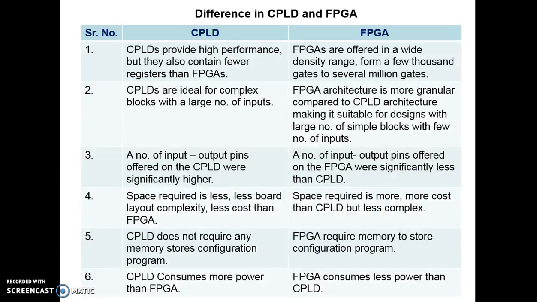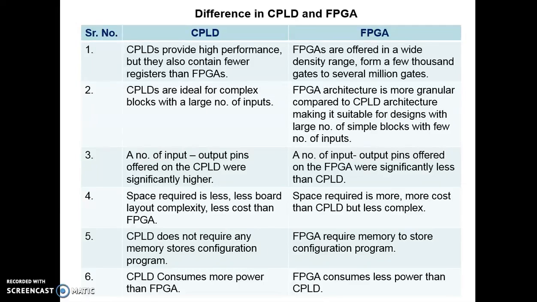These are the differences in CPLD and FPGA architecture. CPLDs provide high performance, but they also contain fewer registers than FPGAs. FPGAs are offered in a wide density range, from a few thousand gates to several million gates.